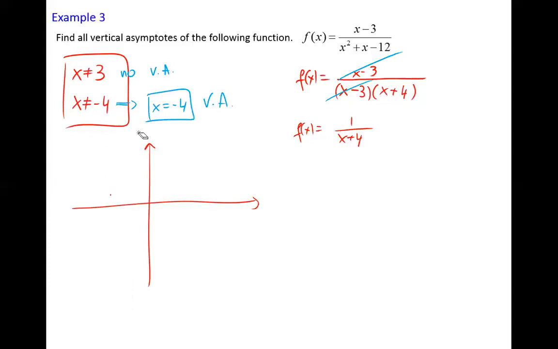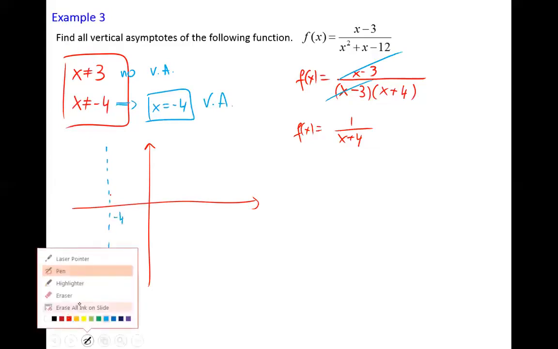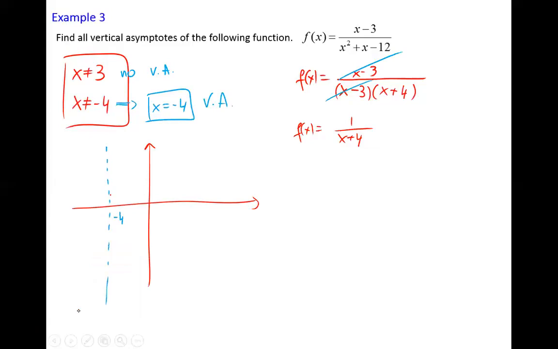I can draw an invisible line: negative 4 is my asymptote. Again, we try to check how the function behaves at negative 4 from the left and from the right-hand side. We have to find a limit. Let's try how the function behaves from the left-hand side. 1 over x plus 4, where x is approaching negative 4.